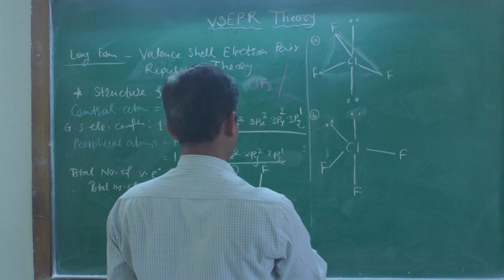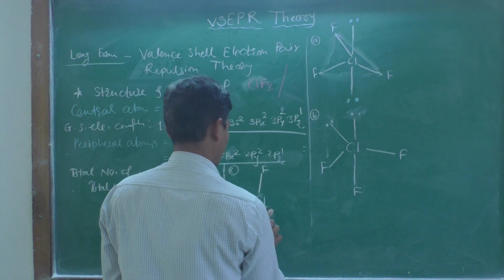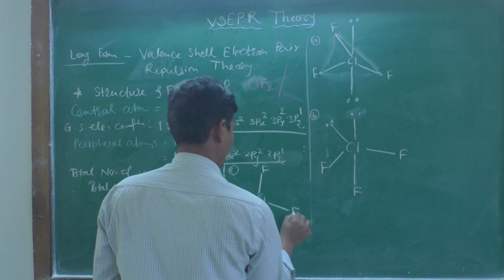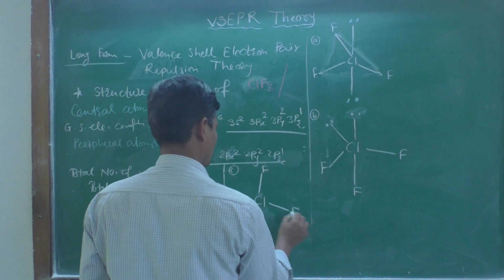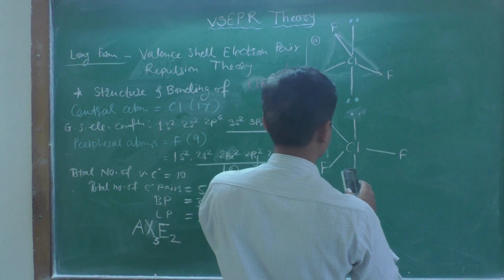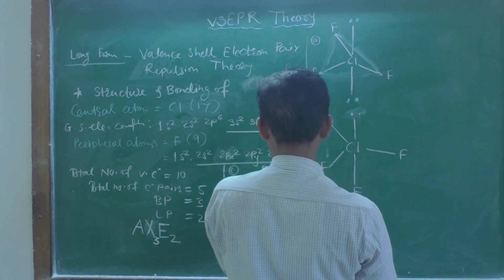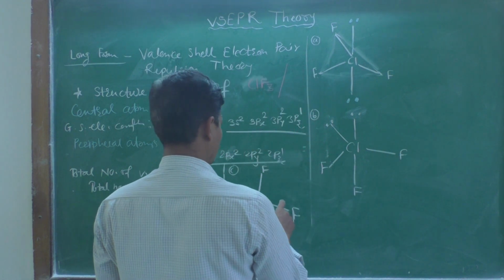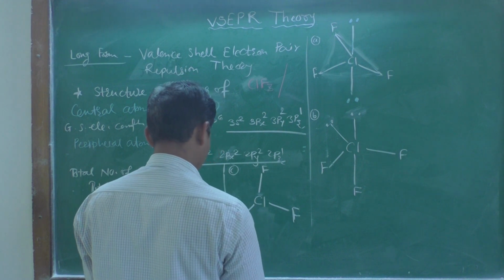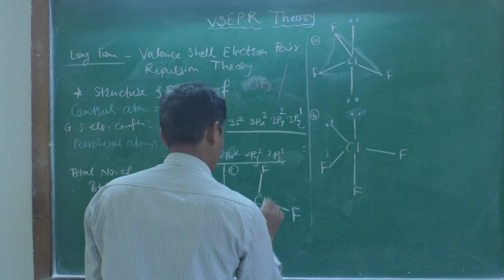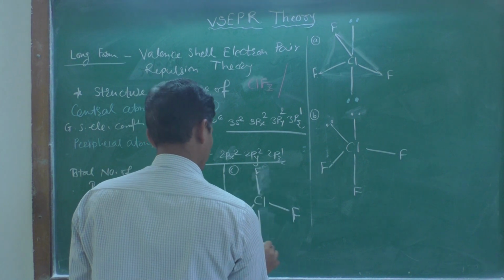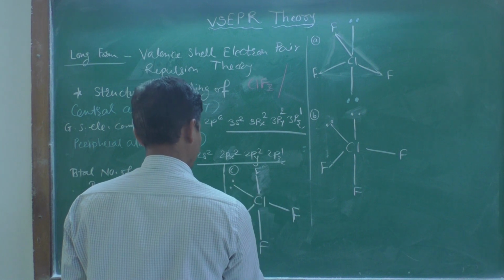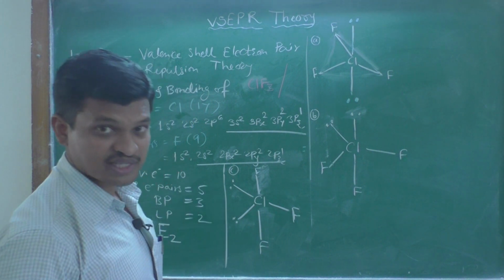One fluorine atom is at the axial and two at the equatorial. So treat it as two at equatorial, one at axial. So here two at axial and one at equatorial, and these are the lone pairs. Okay, so these are the three possibilities.